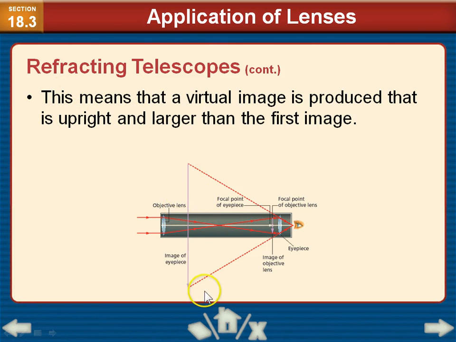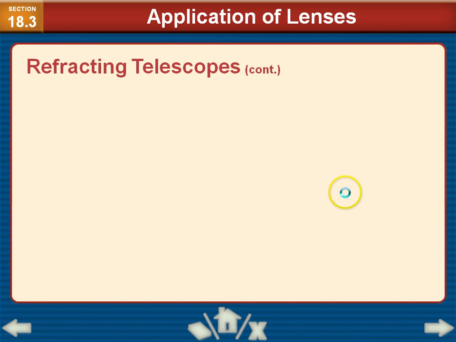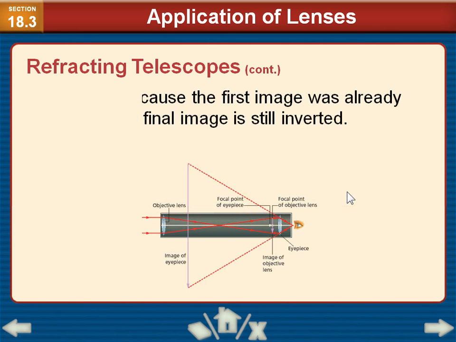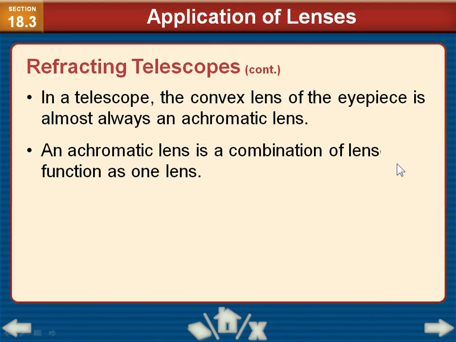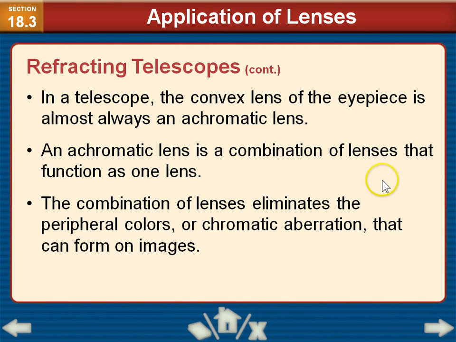A virtual image is produced, it's upright and larger than the first image if we put another set of lenses in there. And so that's basically the telescope. We're not going to do too much with telescopes. Sometimes we're going to have to put some combination lens in there to clean up the images, particularly the peripheral color.